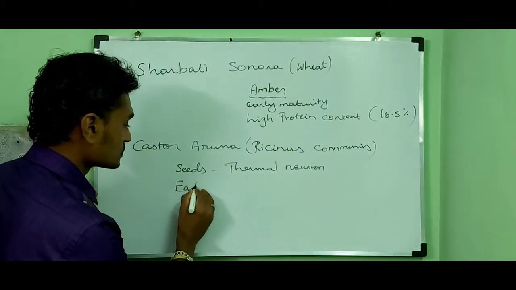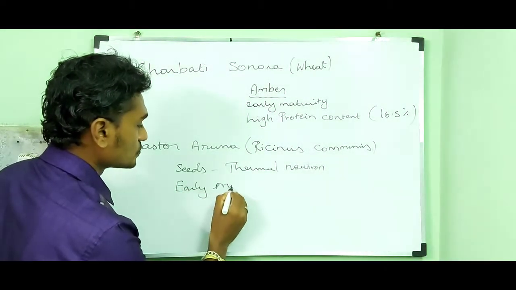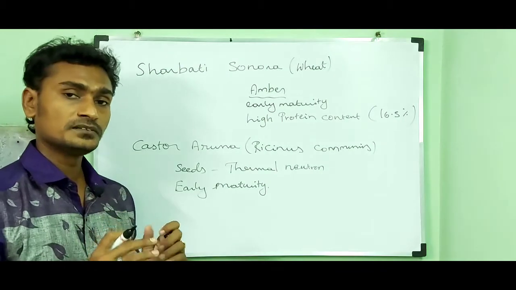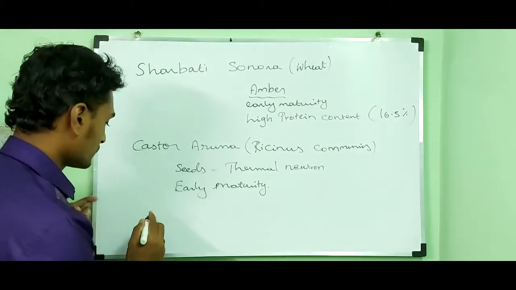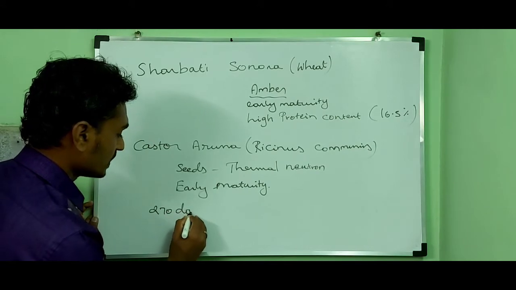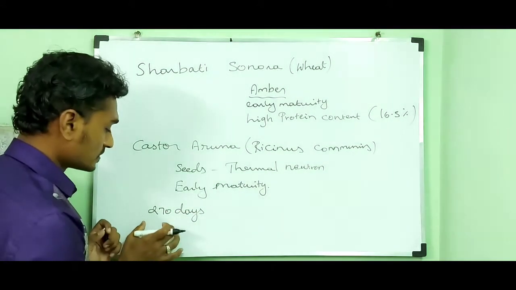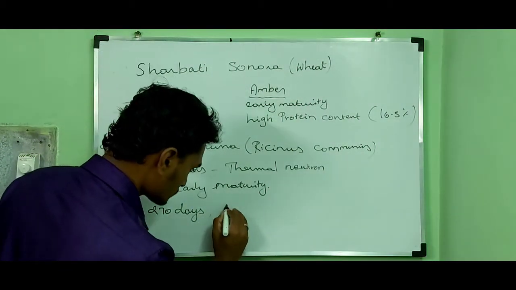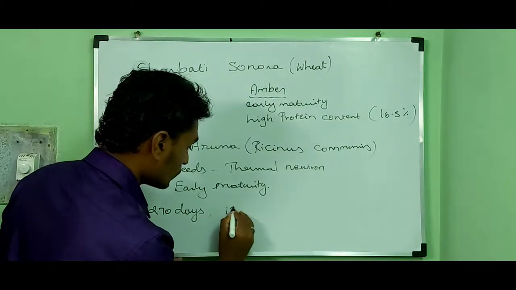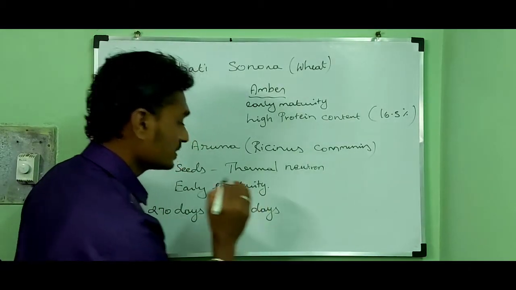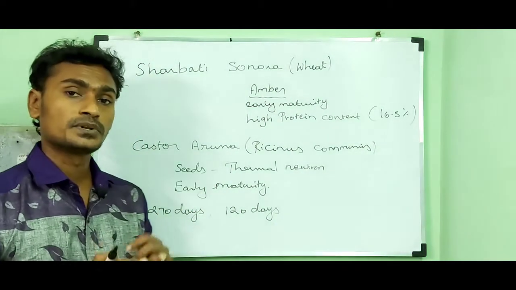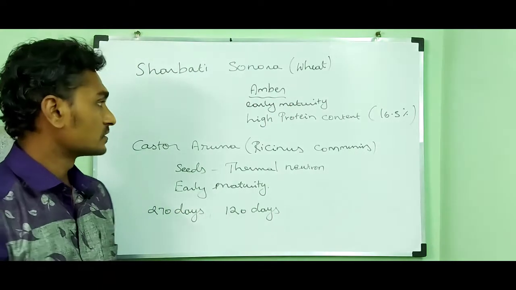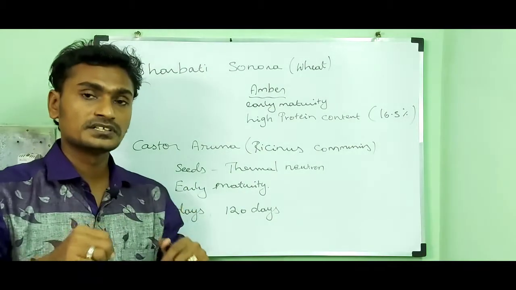A normal plant shows maturity at 270 days, but after that mutation, the plant shows maturity at 120 days. So due to that mutation, the plant shows early maturity and high yield. These are the two mutant varieties which are given in our book.